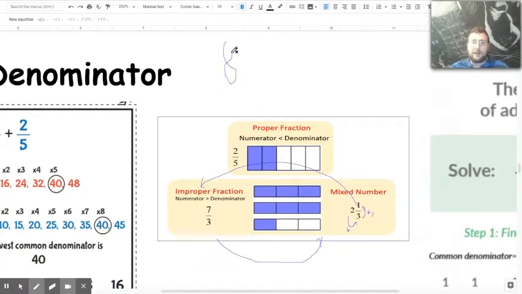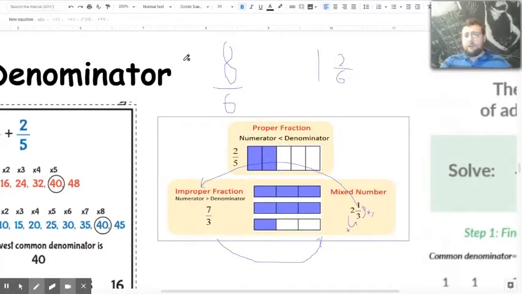Let's say, for example, you had 8/6. Why would I do that with a mixed number? Well, that'd be the same thing as I can fit 1 set of 6s, and then I have 2 that I couldn't fit. So 1 and 2/6, which is, by the way, the same thing as 1 and 1/3, because you can simplify this bit. But that's how you would do that.